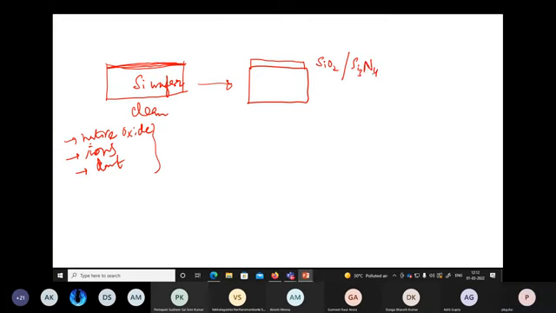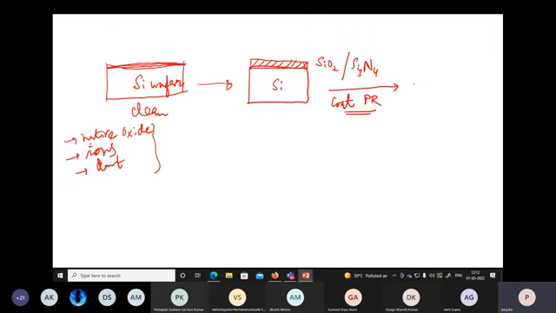You need to grow or deposit this oxide or silicon nitride layer on top of your silicon wafer. Then you need to coat this with photoresist. What is photoresist? Photoresist is basically a polymer which is photosensitive.